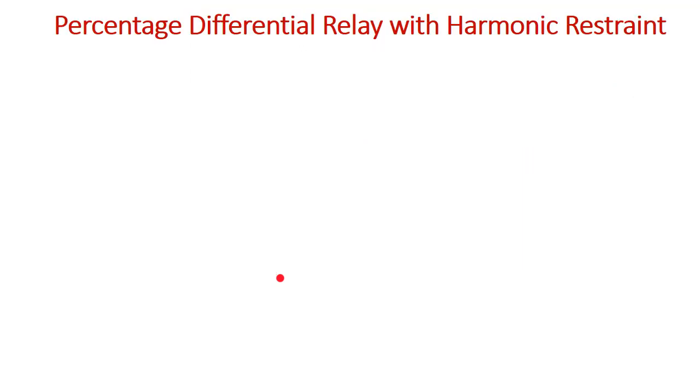Let us see what kind of change we can make in the percentage differential relay scheme, so that the harmonics in the inrush current are identified and the relay knows it's the inrush current, not the fault current. Therefore it will not trip, it will not maloperate during that condition. So along with the percentage differential relay, the harmonic restraint is developed.